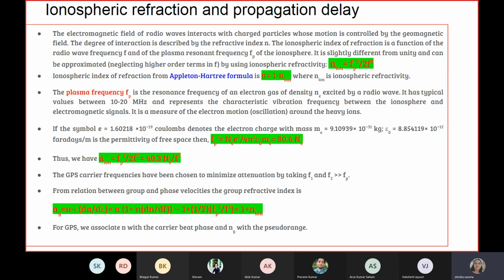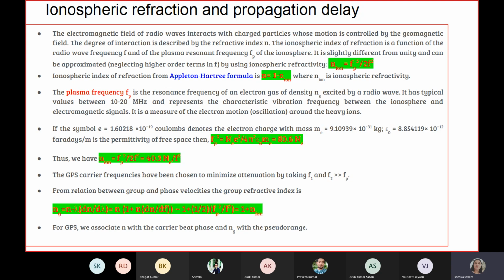The electromagnetic field of radio waves interacts with charged particles whose motion is controlled by the geomagnetic field. The degree of interaction is described by the refractive index n. The ionospheric refractive index is a function of frequency f as well as a new terminology known as the plasma resonant frequency fp of the ionosphere.